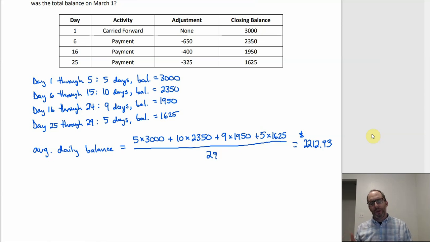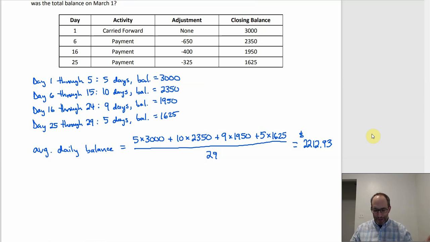Oh, and one other thing with these. If you're going to put the whole thing in your calculator at once to get the average daily balance, like if you have a TI or something where you can put in a whole bunch of operations at the same time, just make sure you put the whole numerator in parentheses. Because otherwise the order of operations will not do the thing that you really want it to, right?